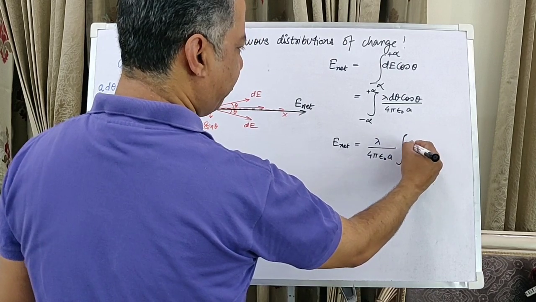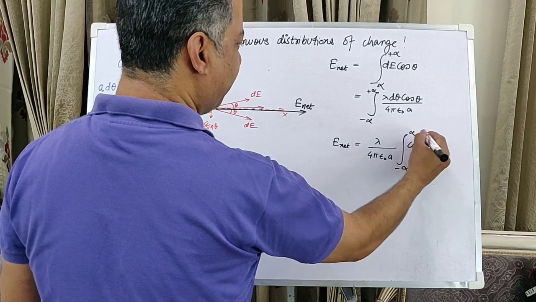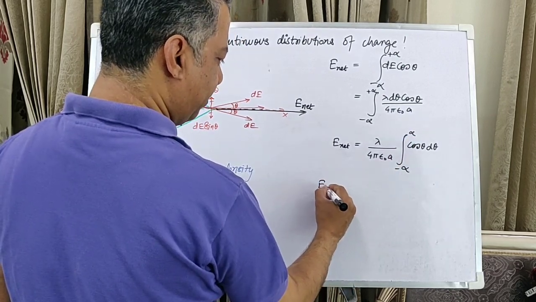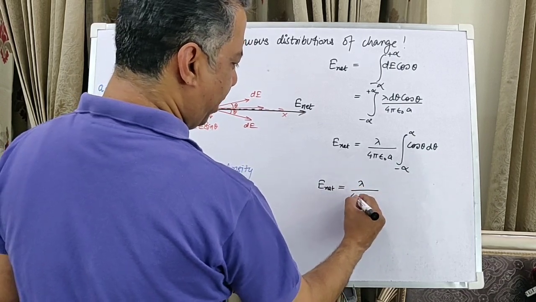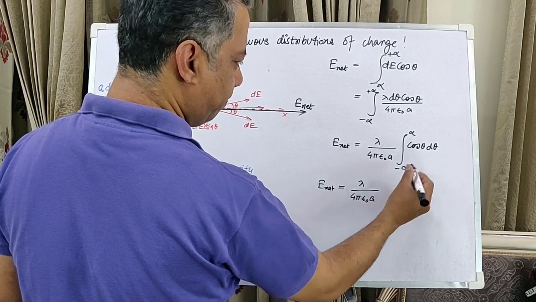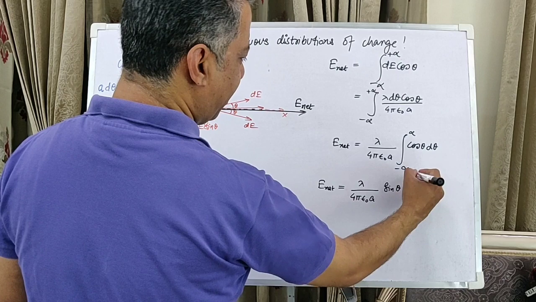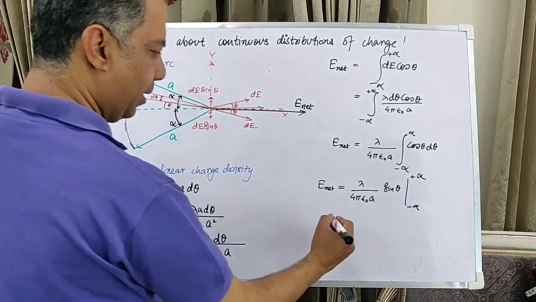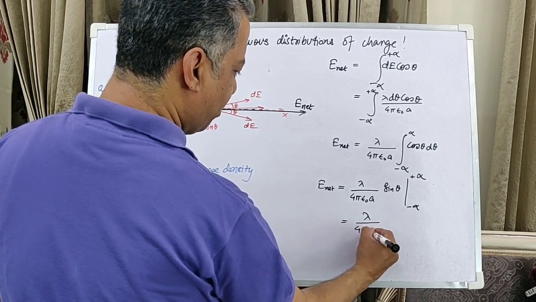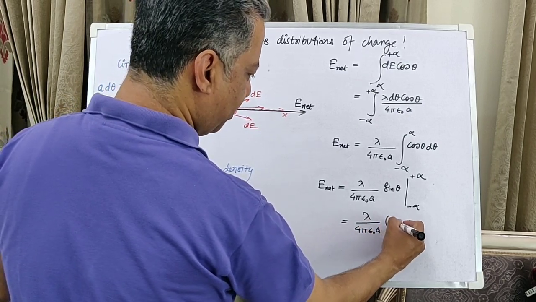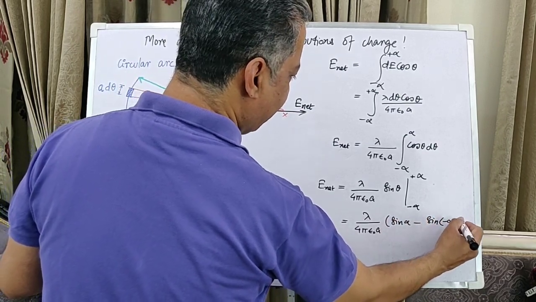Inside the integral we have cos theta d theta from minus alpha to plus alpha, and so E net is lambda by 4 pi epsilon naught a times sine theta from minus alpha to plus alpha, and that then is lambda by 4 pi epsilon naught a times sine alpha minus sine minus alpha.